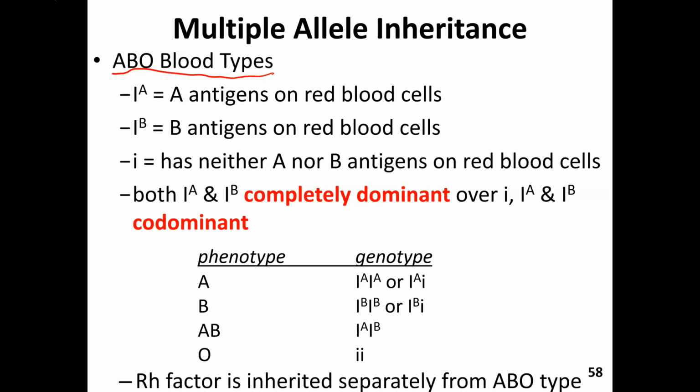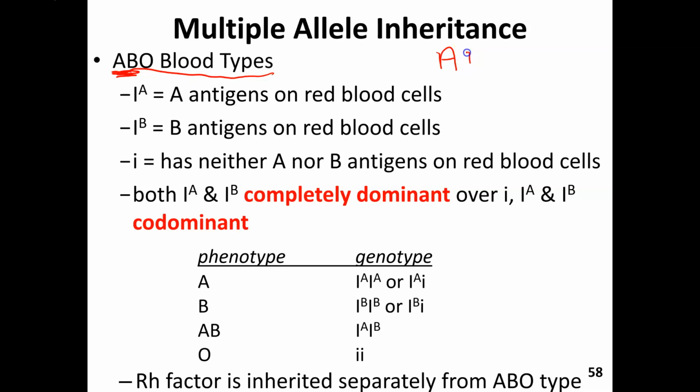There are 3 different alleles: A, B, and then lack of A and B, which is O blood type. So I should say there are 2 alleles, and if you don't have those 2 alleles, then you're going to have O blood. A and B are codominant.